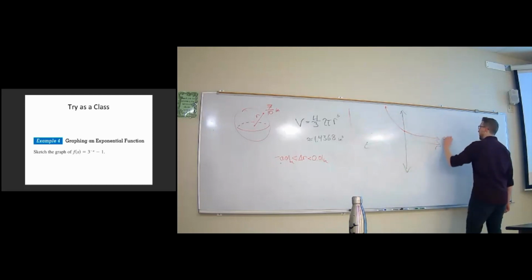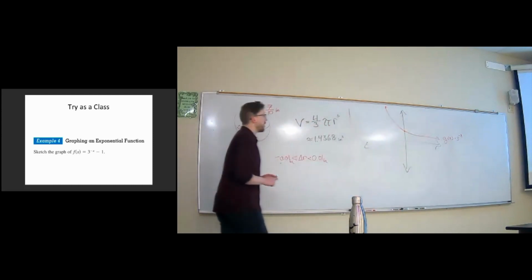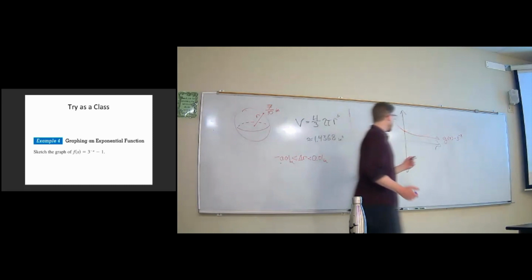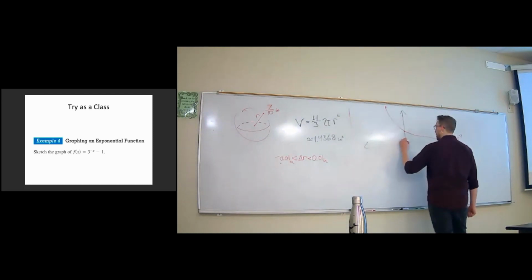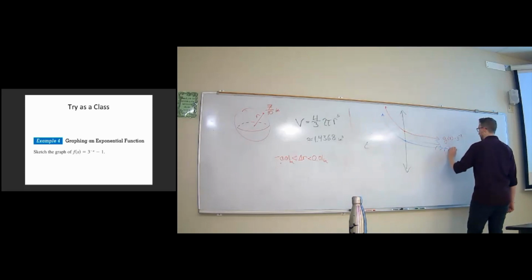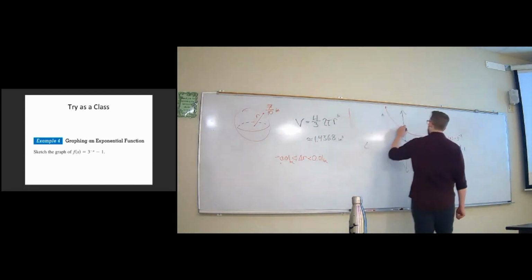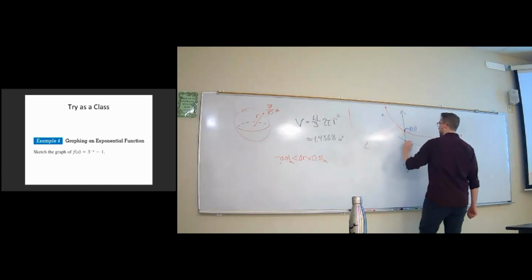All right, let's say this is the graph, g of x equal to 3 to the negative x. Then our function, f of x, is going to be the same exact graph, just shifted down by 1 unit. That is because this is the point (0, 1). That means this is the point (0, 0).